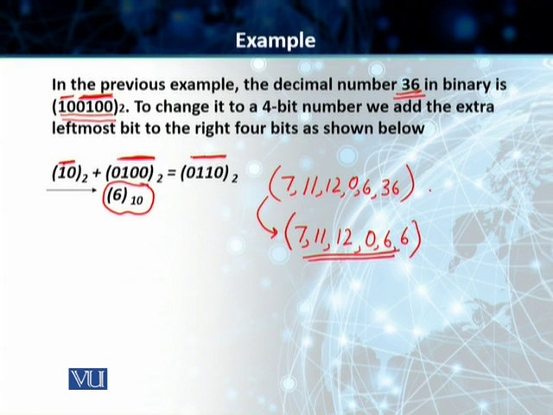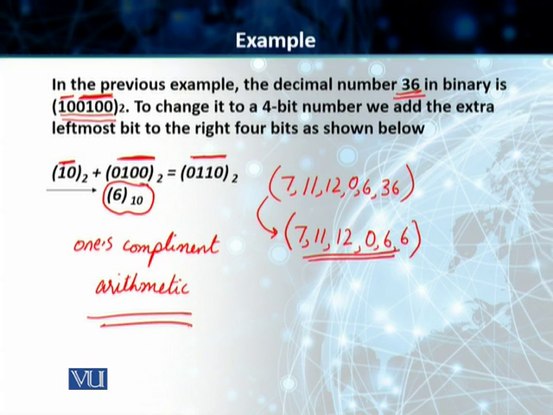What we have essentially done out here is that we have used 1's complement arithmetic. So the receiver will again add the 5 numbers in 1's complement arithmetic, and if the result is 6, then the numbers are accepted or the code word is accepted, otherwise they are rejected.